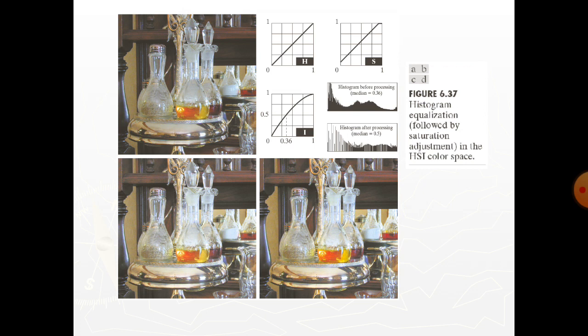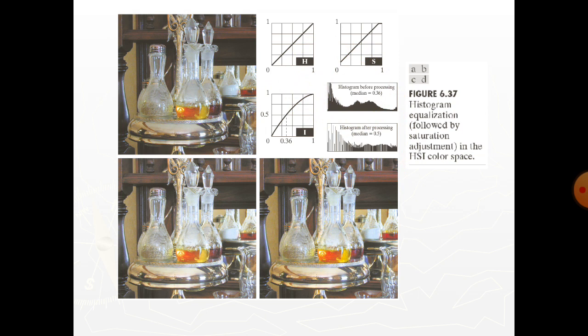The following example shows that the HSI color space is ideally suited to this type of approach. Figure A shows a color image of a caster stand containing cruets and shakers whose intensity components span the entire normalized range of possible values, which is 0 to 1. As can be seen in the histogram of its intensity component prior to processing, the image contains a large number of dark colors that reduce the median intensity to 0.36.